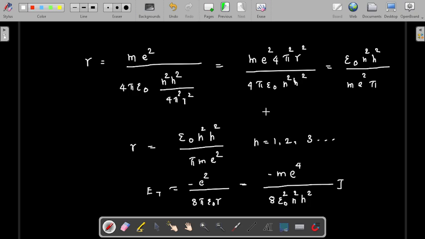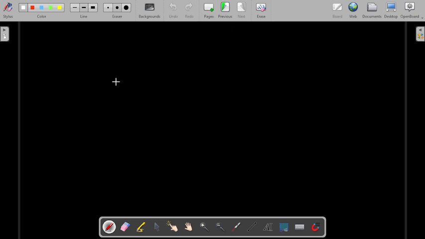We can even simplify this one. What we can do is that ET will be equal to minus m e power 4 divided by 8 epsilon naught h square.